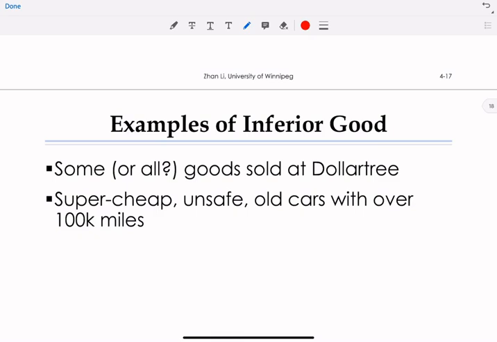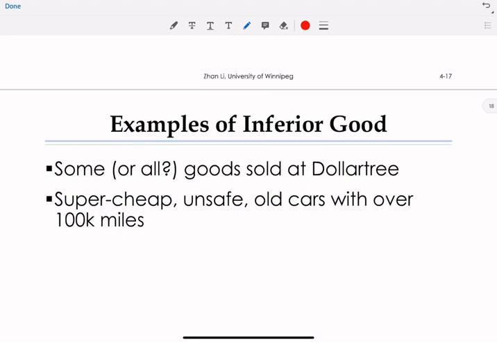Now, the second example is some super cheap, unsafe old cars, let's say 20-year-old cars with over 100K miles, right? Generally, if you're 16 years old, right, and if this is your first car, well, you could buy a very old car.